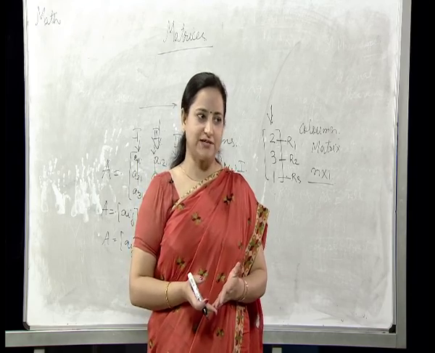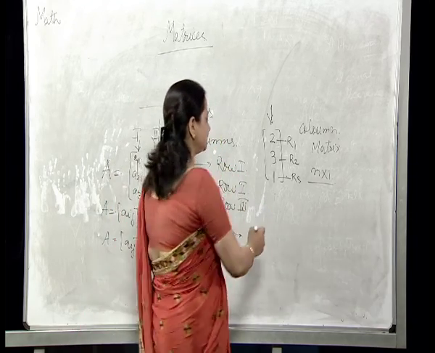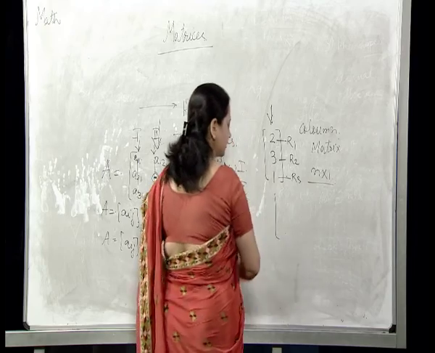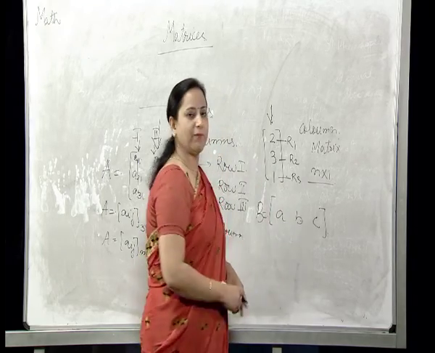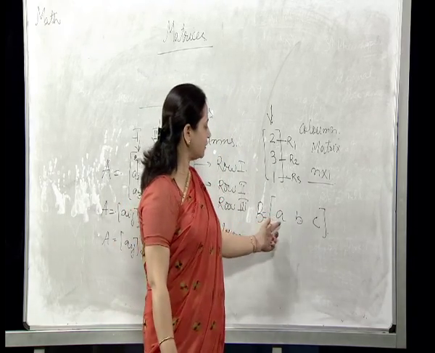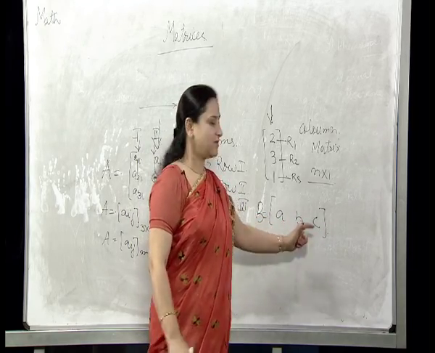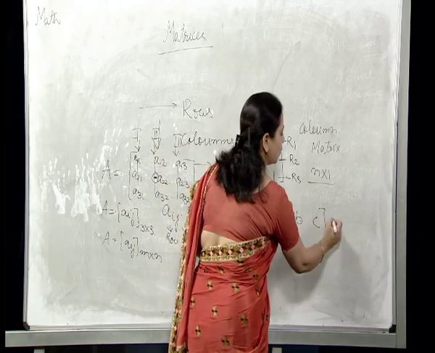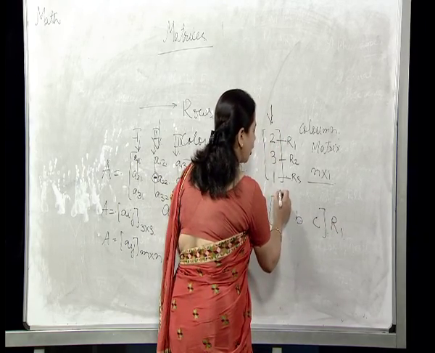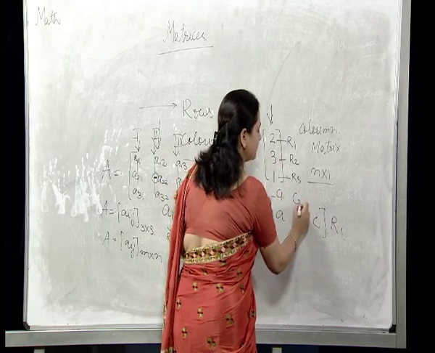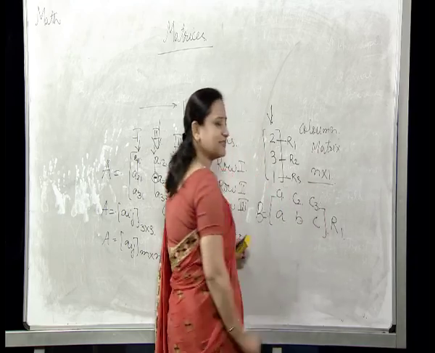Now, I will write another matrix. B is a matrix having these elements A, B, C. Now, how many rows does it have? It has only 1 row, and how many columns? C1, C2 and C3.